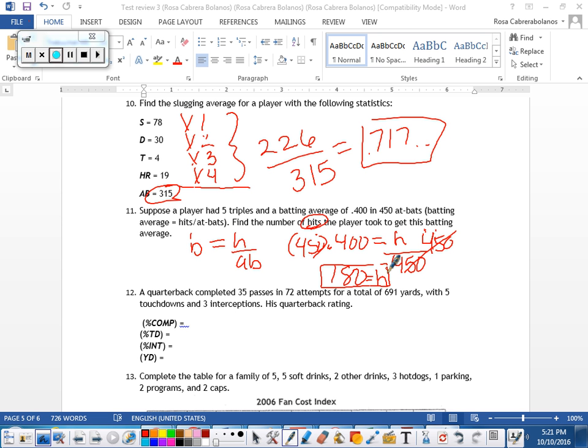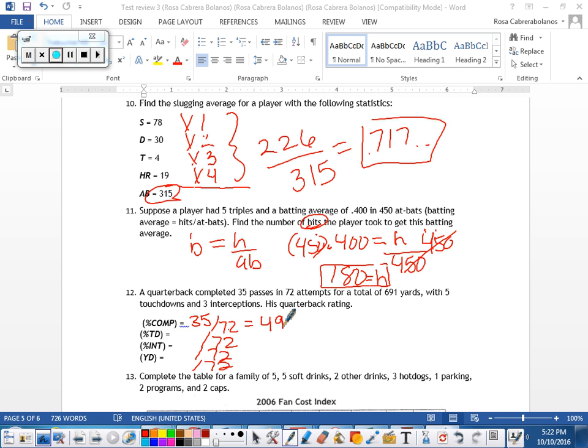And this one for the quarterback rating, you're going to divide everything by 72 because that's the number of attempts. So we have the percent completions, which was 35 of them were completed. When you divide that, I think it gives you 49 if I remember correctly.